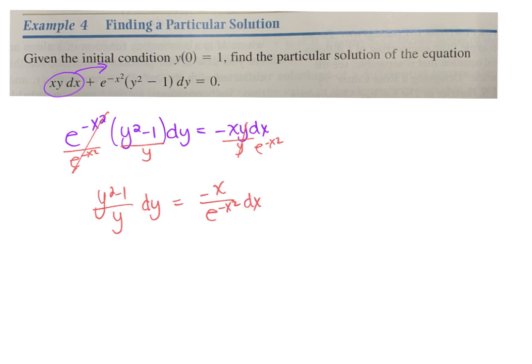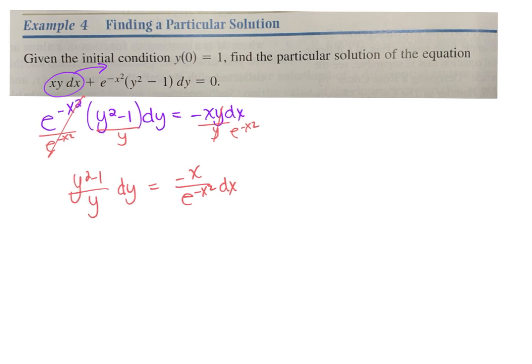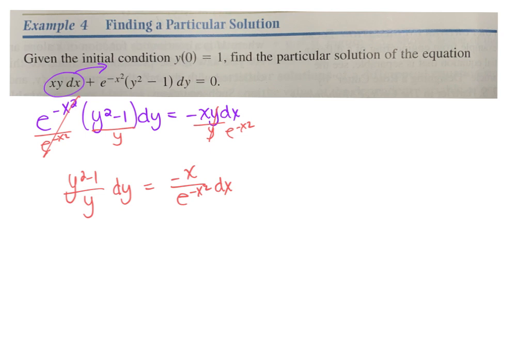So these both look not pretty at this point, right? And so we're going to simplify them a little bit before we move on. On the left-hand side, we are going to do what we would have done all along. We're going to divide each piece by that y. So we're going to say y squared divided by y, right? Minus 1 divided by y, dy. On the right-hand side, the negative exponent actually moves it.